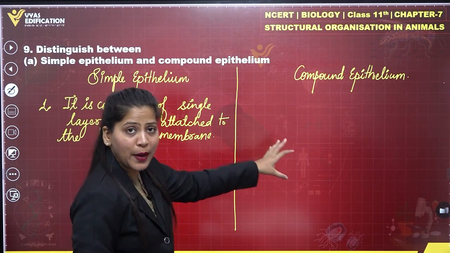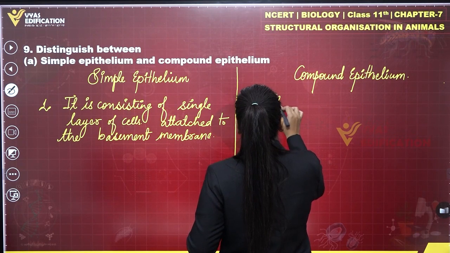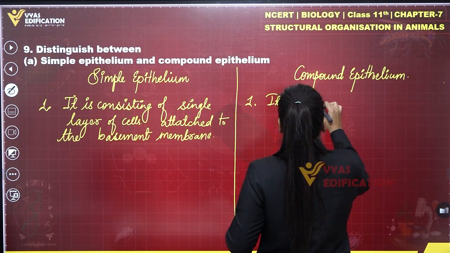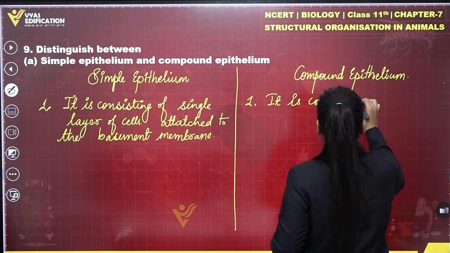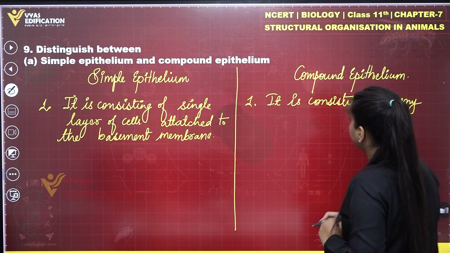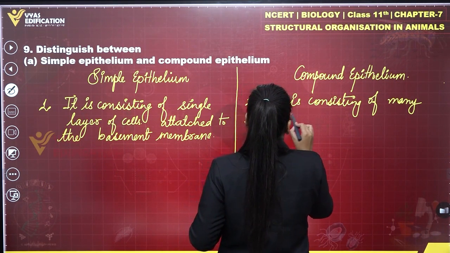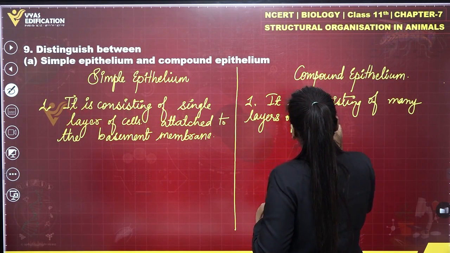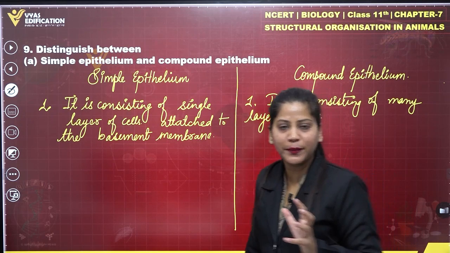And if you talk about compound epithelium, then it is consisting of many layers of cells. This is the first distinguishing feature of simple epithelium and compound epithelium.